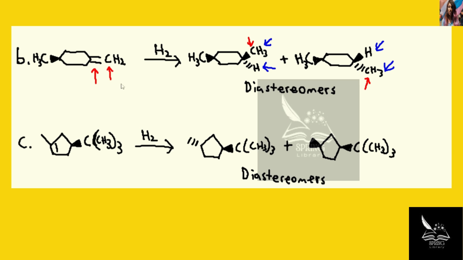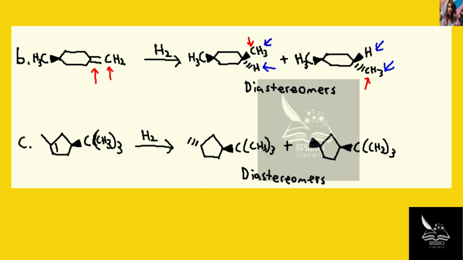It's not affected by the hydrogenation, but the pair of products that we get can either have a cis or a trans relationship to this methyl group. And because we're talking about molecules that differ at 2 or more stereocenters, these are diastereomers.